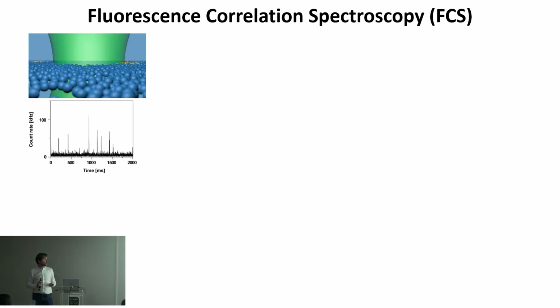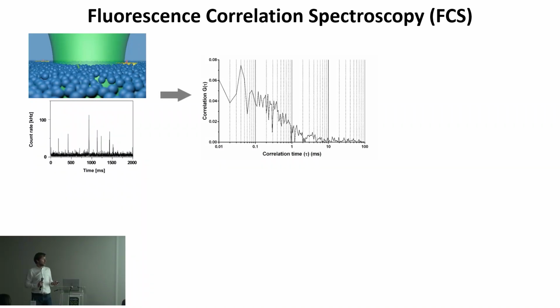And for that, we turned to fluorescence correlation spectroscopy. There have already been some excellent talks before by Torsten, by Don here, and Cecilia, who explained the principles. So I'm just going to go briefly and mention that fluorescence correlation spectroscopy allows you to extract information in the form of an autocorrelation function.